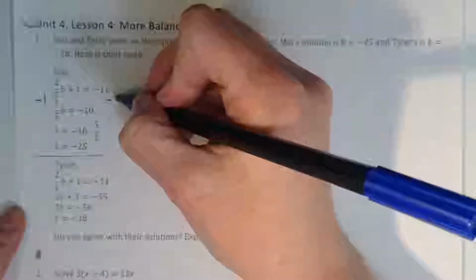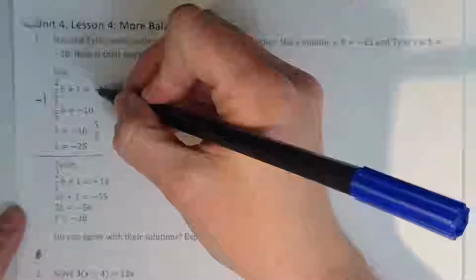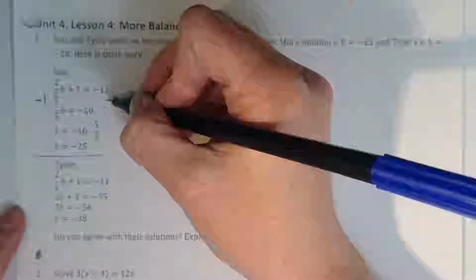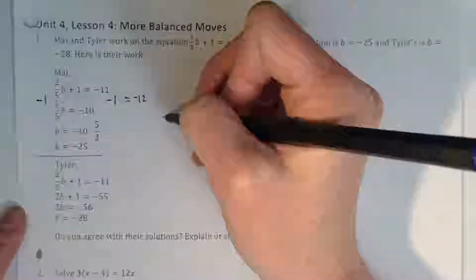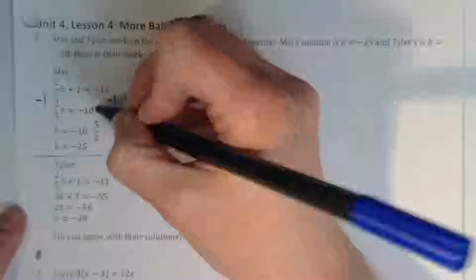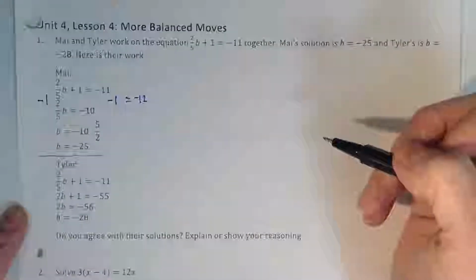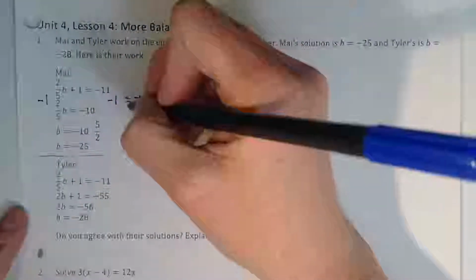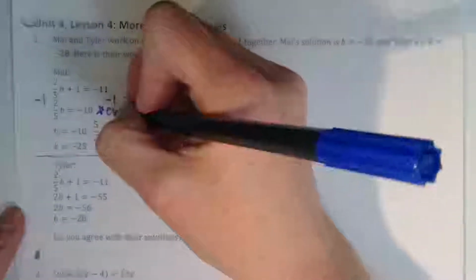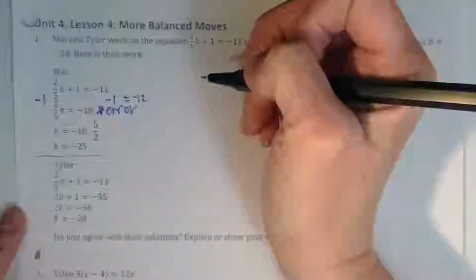Negative 11 minus 1, or negative 11 and negative 1, actually equals negative 12. She got negative 10. This is a problem. She has an error.